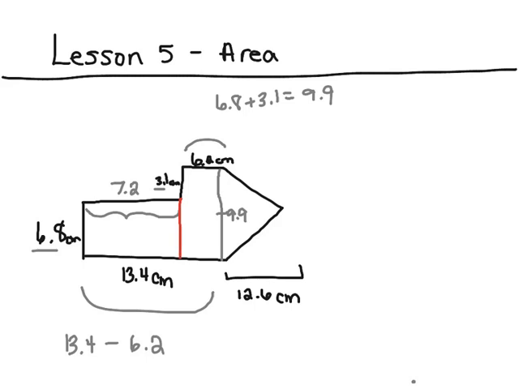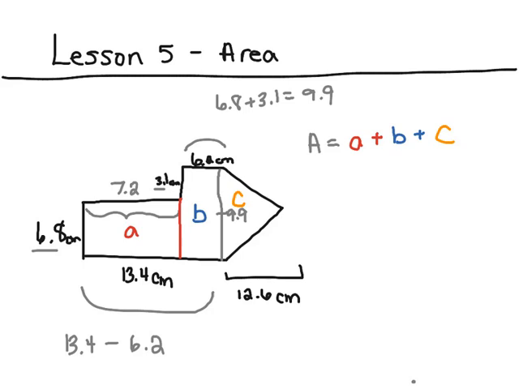So now we have all of the missing lengths, and we're going to split this into 3 separate groups. So the first group is going to be this rectangle, the second group will be this rectangle, and the third group will be this triangle. So when we're finding the total area, we take the area of A plus the area of B plus the area of C and add them all together. Now we're going to go in and add our formulas for each area.